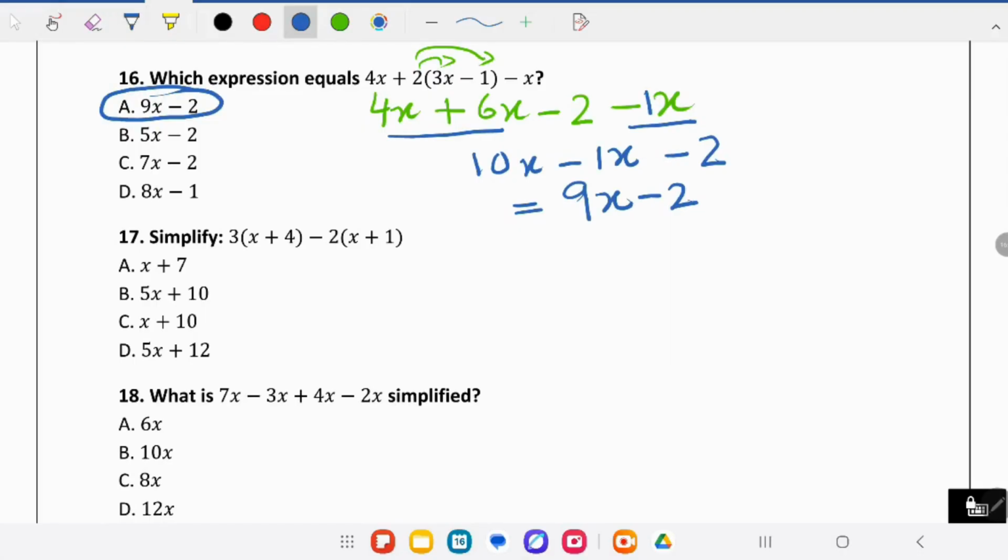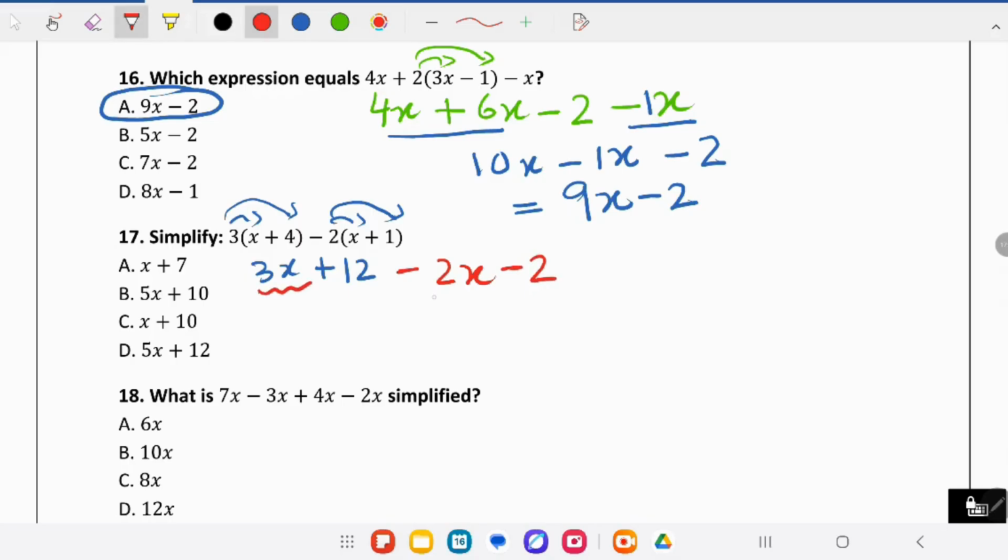In this question, I have 3x plus 4. I'm going to multiply, and I'm going to multiply this 2 also inside the bracket. So this is 3x plus 12. 3 times 4, 12. And the next is negative 2x. Negative 2 times positive 1 is negative 2.